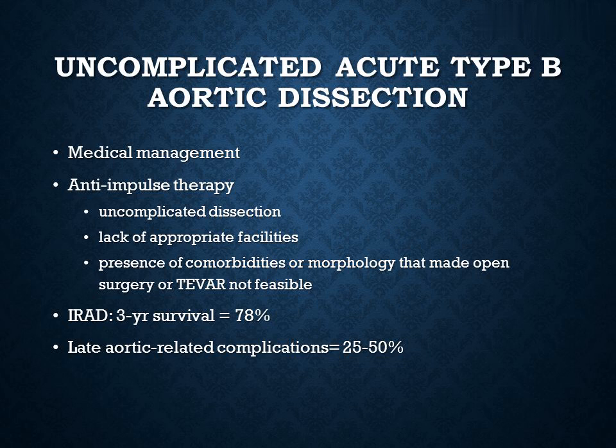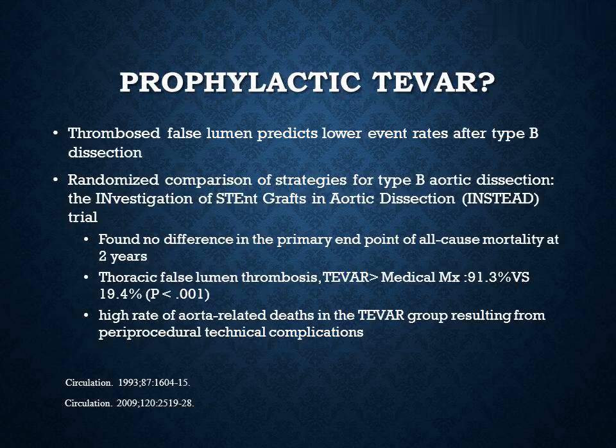Uncomplicated dissection: lack of appropriate facilities, or presence of comorbidities or morphology that made open surgery or TEVAR not feasible. IRAD 3-year survival equals 78%. Late aortic-related complications equals 25 to 50%. Prophylactic TEVAR: thrombosed false lumen predicts lower event rates after type B dissection.